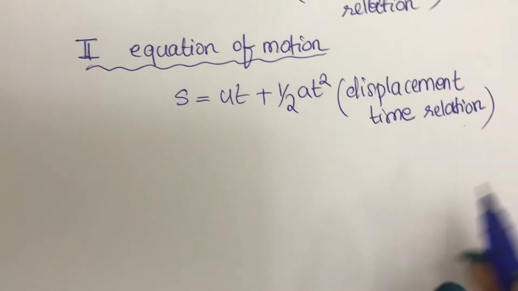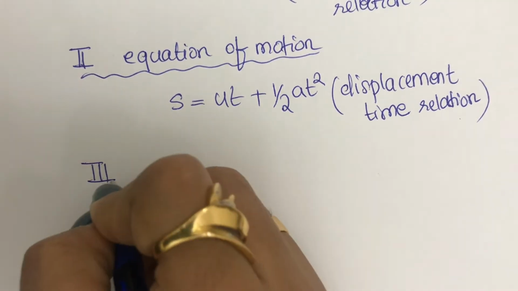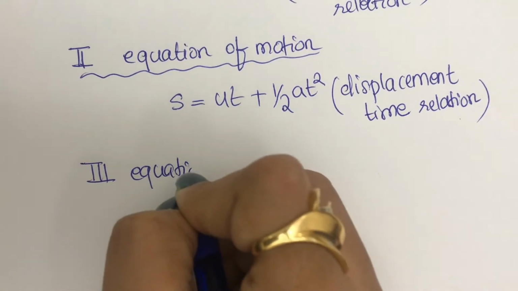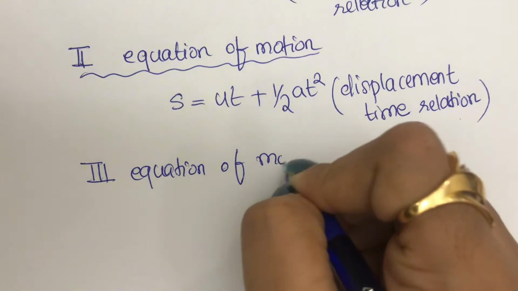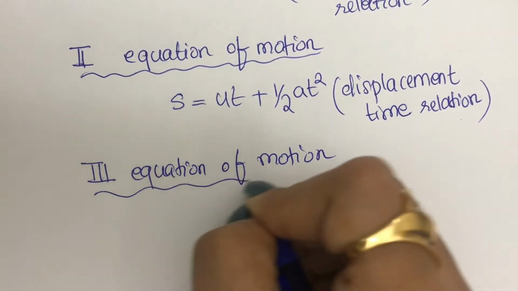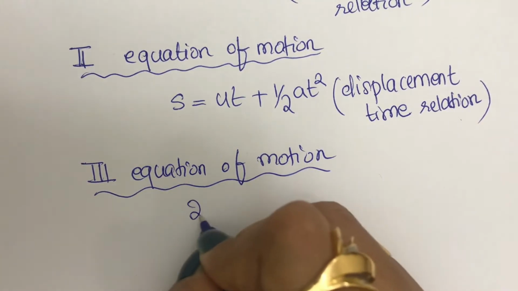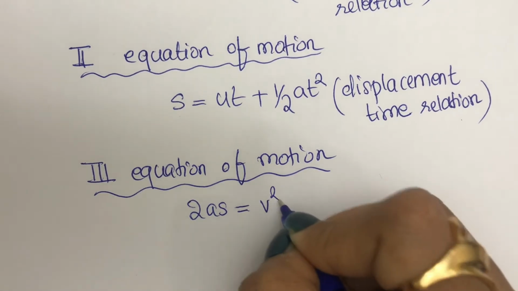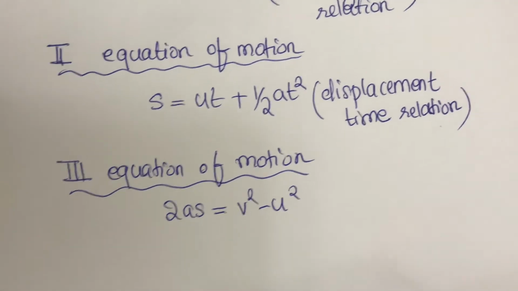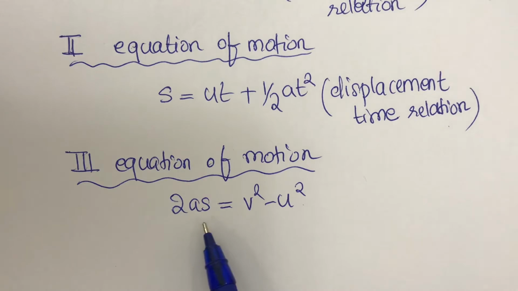And then the third equation of motion is 2as = v square minus u square. Here we have velocity and position, where s is position, that is displacement.